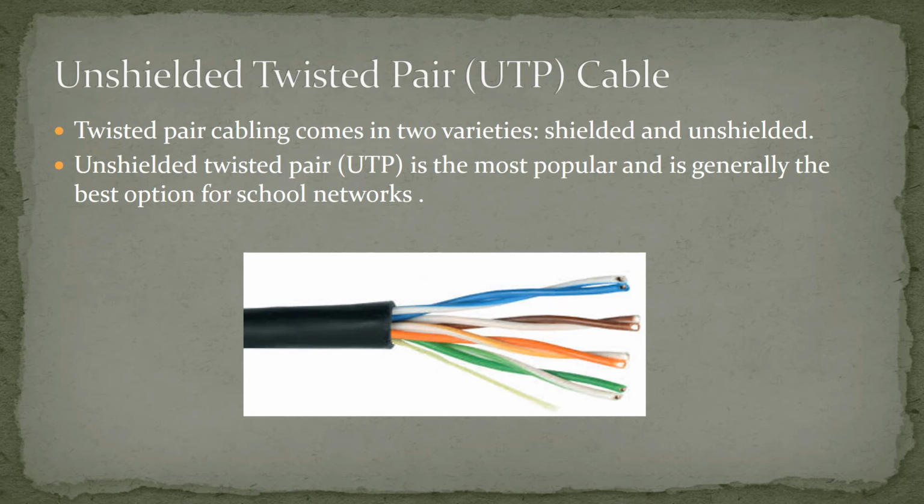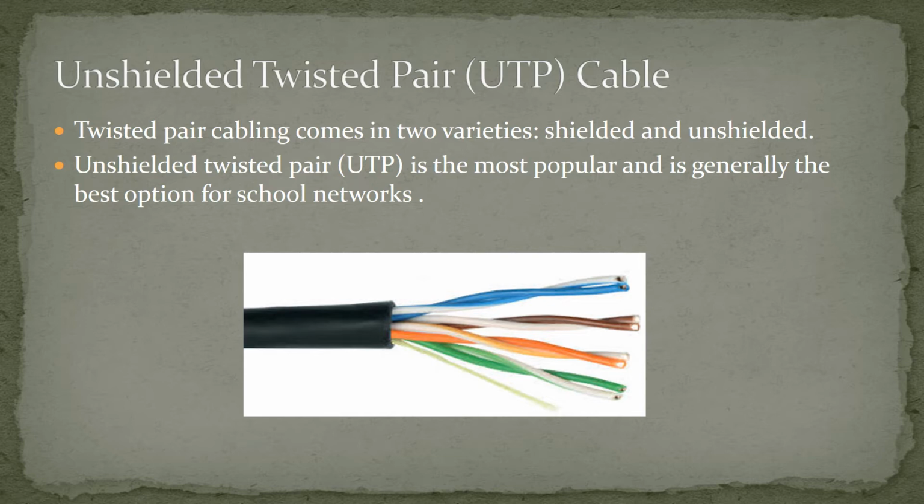Now the unshielded twisted pair cable. The twisted pair cable, as you can see in the diagram also, contains many thin wires insulated by rubber insulation, and they are all shielded together in a plastic insulation.